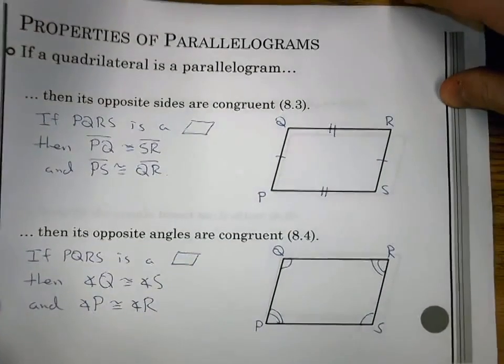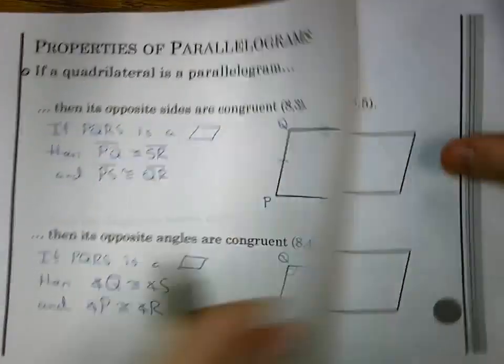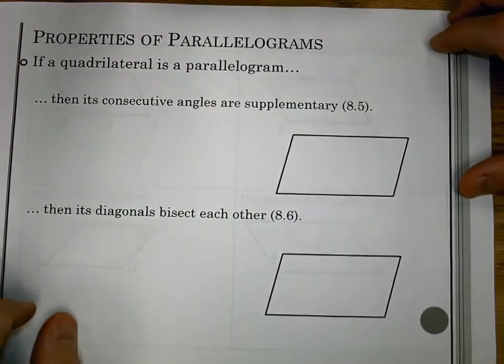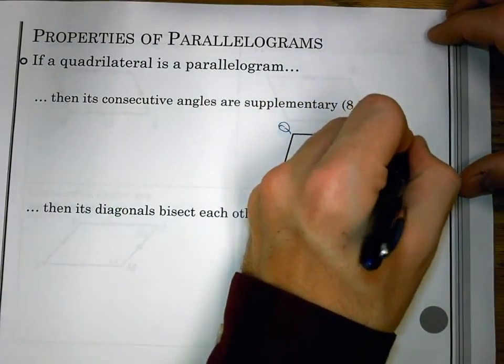Now, opposite angles congruent goes nice with what the next one is as well, and that is looking at the consecutive angles. So, if a quadrilateral is a parallelogram, then its consecutive angles are supplementary.